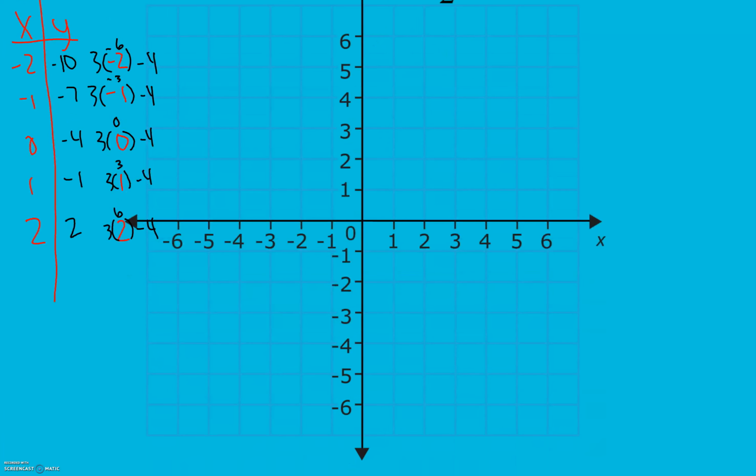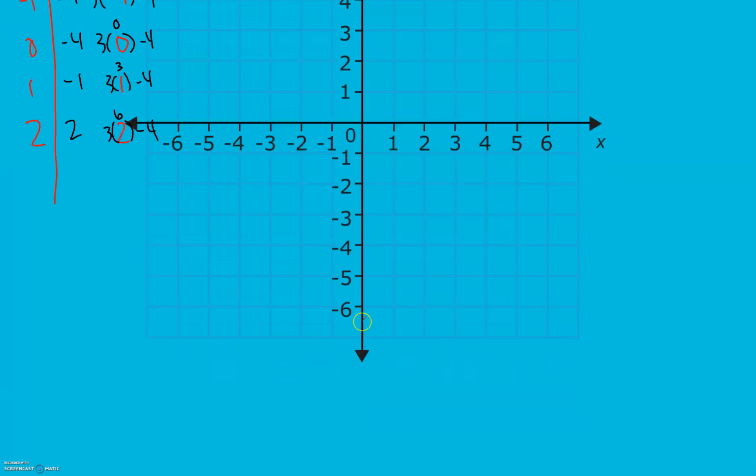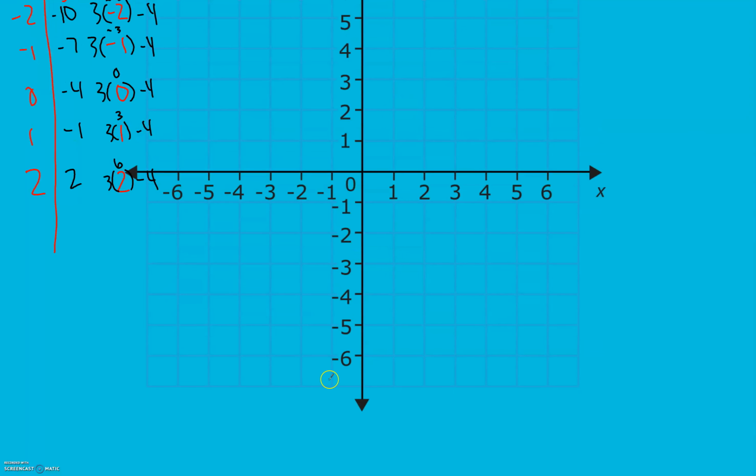-2, -10 doesn't fit here. It's going to be approximately here. I have -1, -7. Now that fits on my graph. 0, -4. 1, -1. And 2, 2.